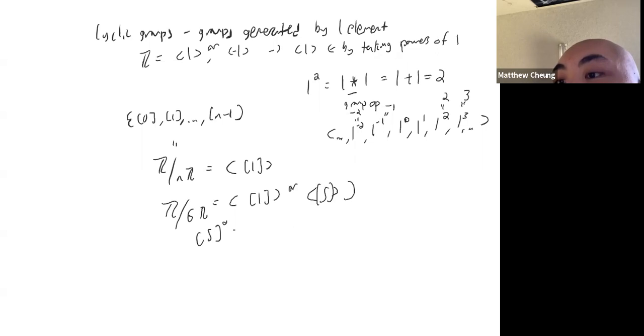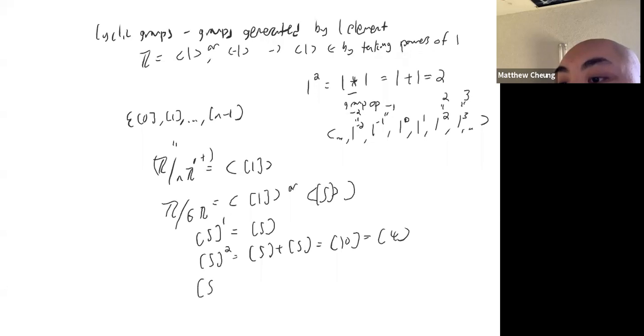Let's do 5 to the 1, which is 5. 5 squared: the operation is plus, as a group, so this is 5 plus 5. That's 10, and 10 mod 6 is 4. 5 cubed is 5 plus 5 plus 5. We know 5 plus 5 is 4.